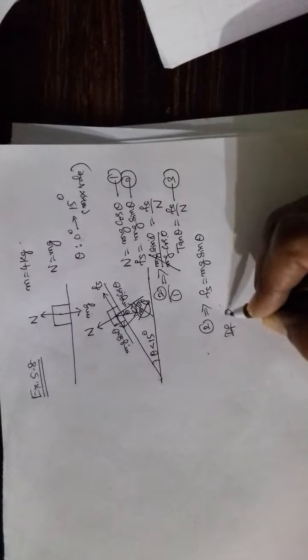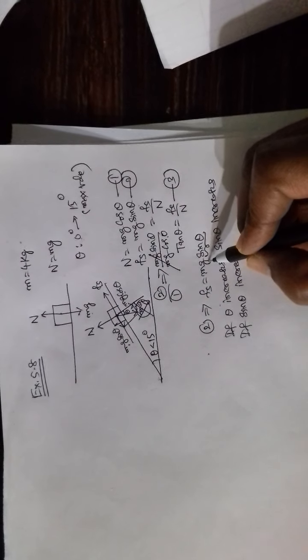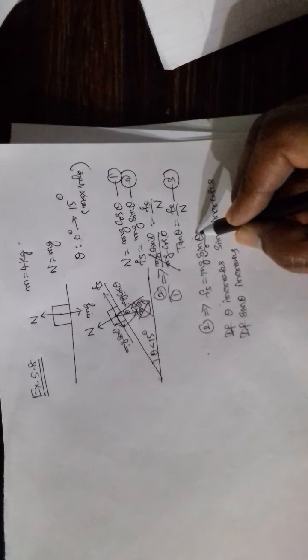If theta increases, the sin theta value increases. Mass is a constant, g value is a constant. If sin theta increases, the Fs value increases.